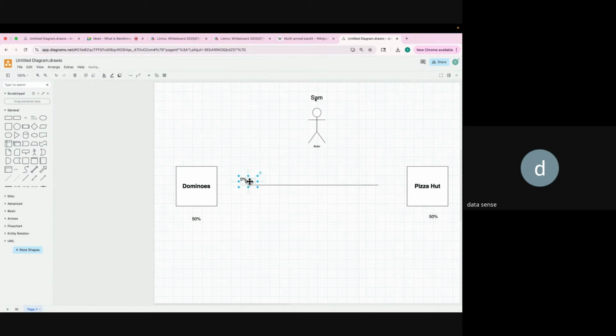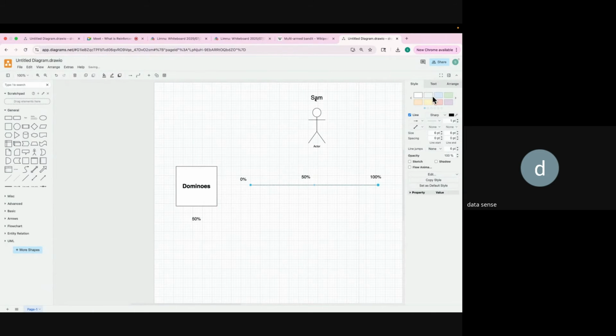At center it's 50%, okay, 50%, and at right it's 100%. Wait a second, let me do this.